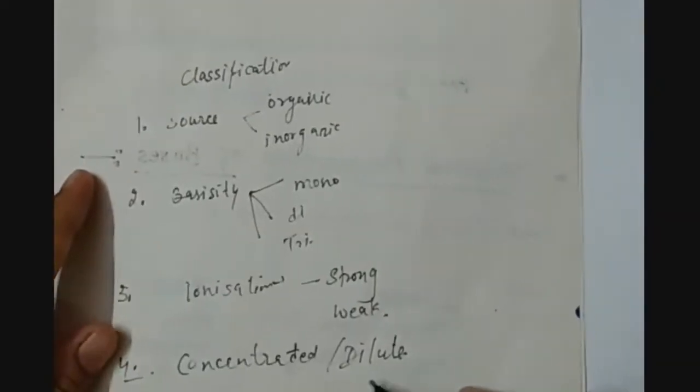In case of bases, the first category that we did is ionization, so we have strong bases and weak bases. Second was on the basis of acidity. We have monoacidic, diacidic and triacidic bases. Then we studied concentrated bases and dilute bases.